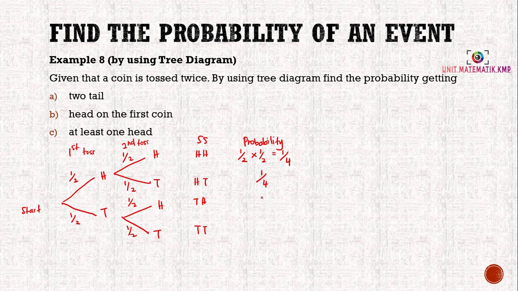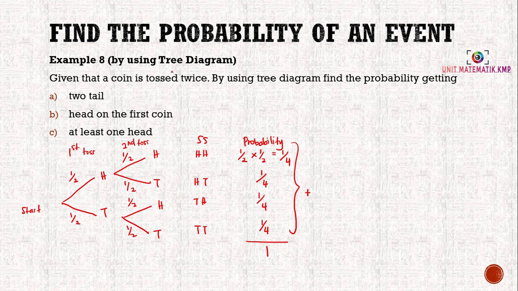And the third branch is 1 over 4. And the last branch is 1 over 4. So to check whether your probability is right or wrong, if you add up all these probabilities, you can get 1. Okay, so we know from the previous lecture the total probability is 1.